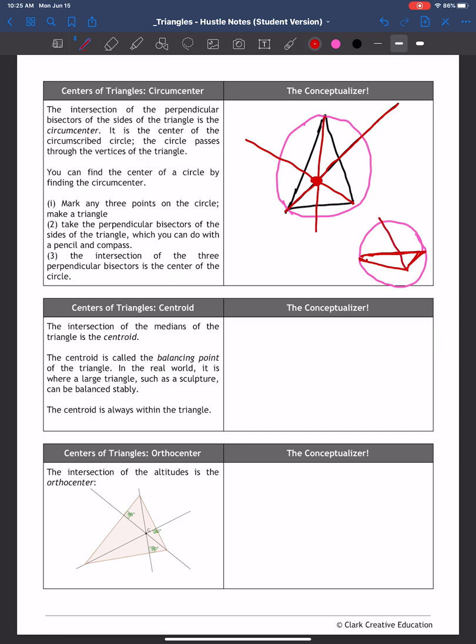My circumcenter in this case wouldn't be done like that. Instead, you would do it like this. So here's my circle, here's my triangle, right? My circumcenter would just be drawn like this, my center being outside of my triangle.